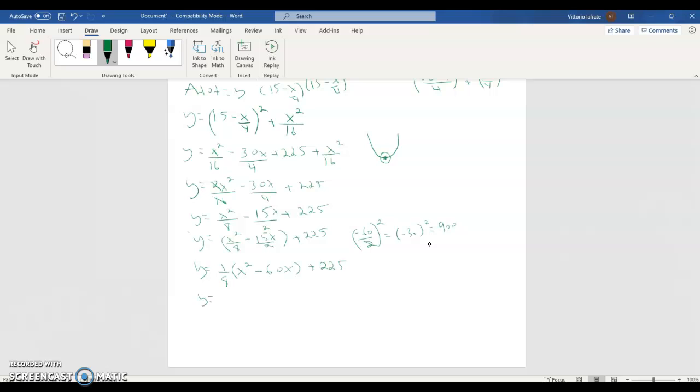So I'm going to get y is equal to 1 over 8 x squared minus 60x, plus 900 minus 900, plus 225. And so now I have to send this out and multiply it by a. So I get y is equal to 1 over 8 x squared minus 60x plus 900.